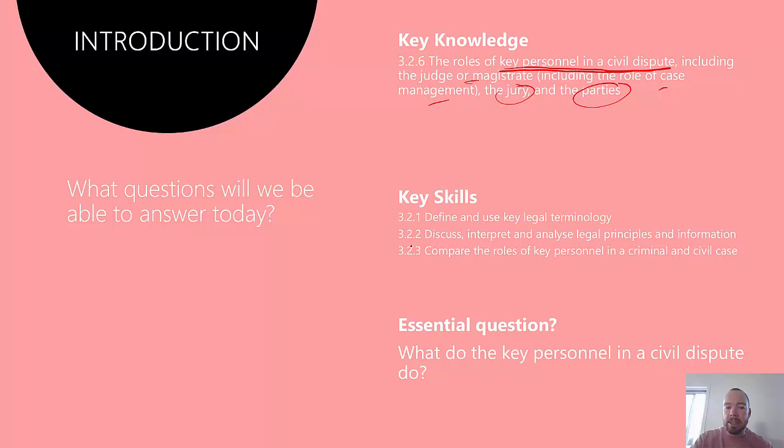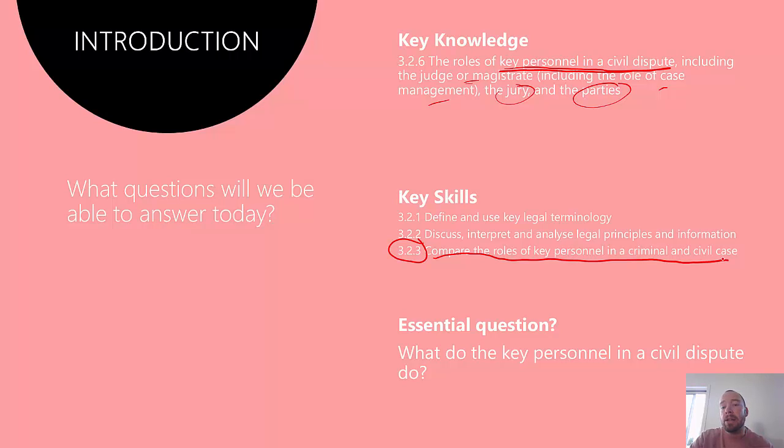Interestingly, the only skill that references key personnel is 3.2.3, which is compare the roles of key personnel in a criminal and civil case.